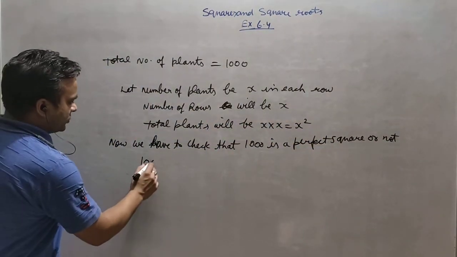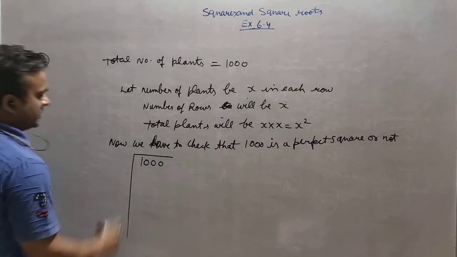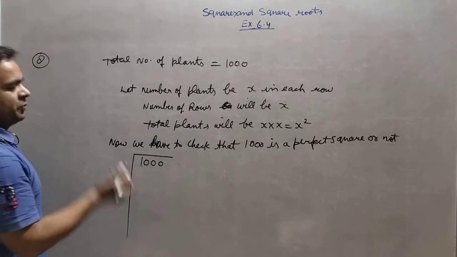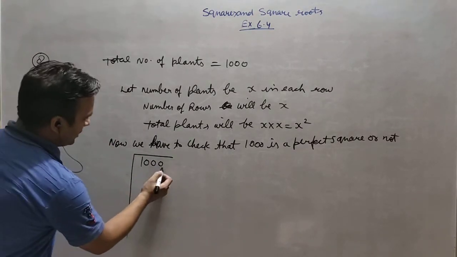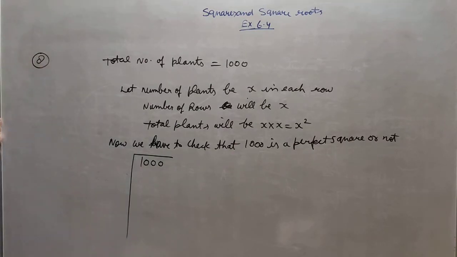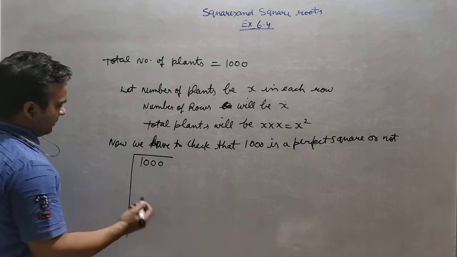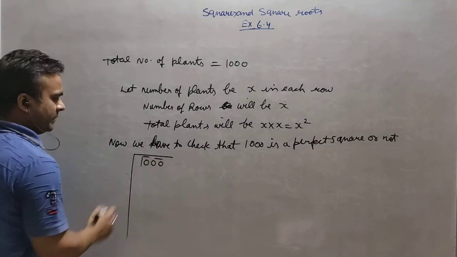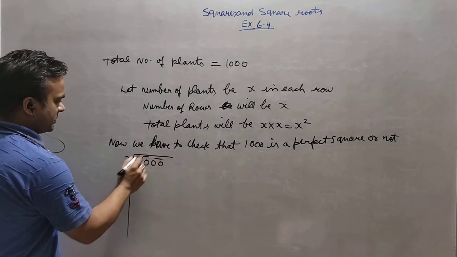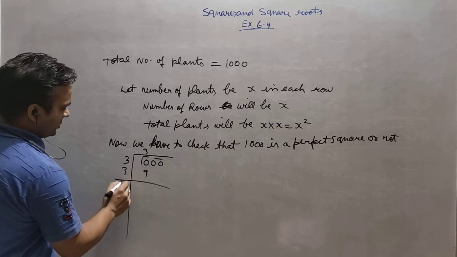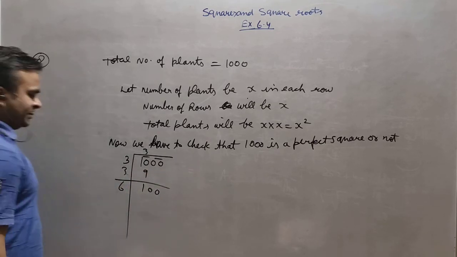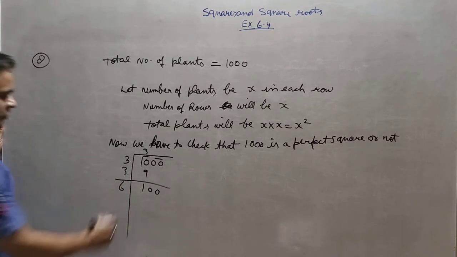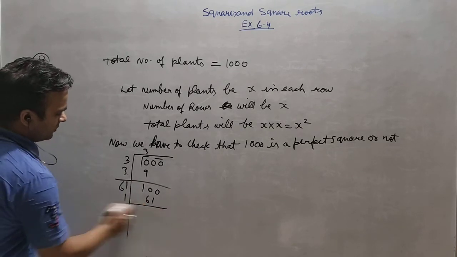Okay, now 1000, it is not a perfect square. This is the property of a square, right? If there are odd number of zeros, then it can never be a perfect square. So what is the remainder we will check here. First of all, we will make a pair. So it is 3 3s are 9, 3 6s are 1 0 0. So what we will get here? 1, 61.